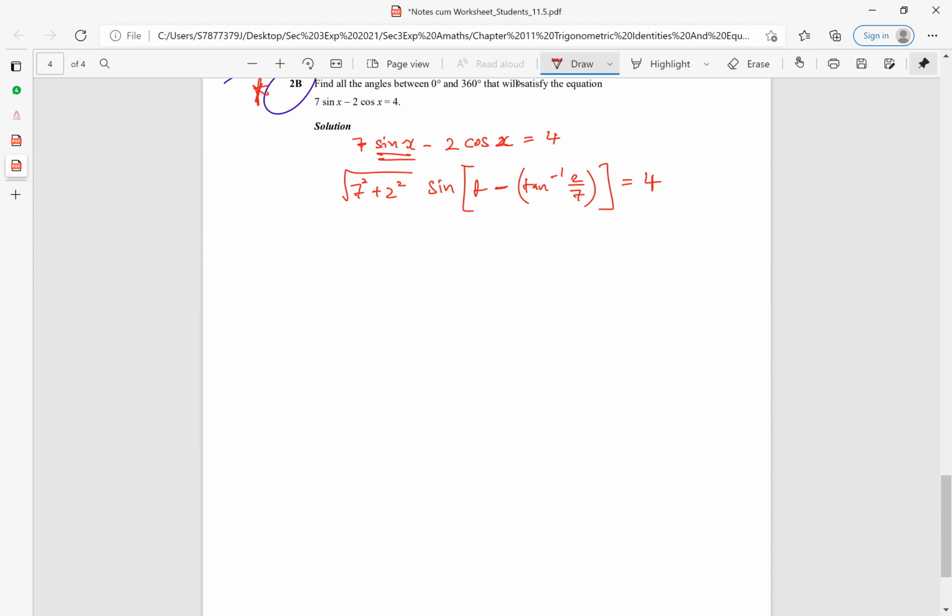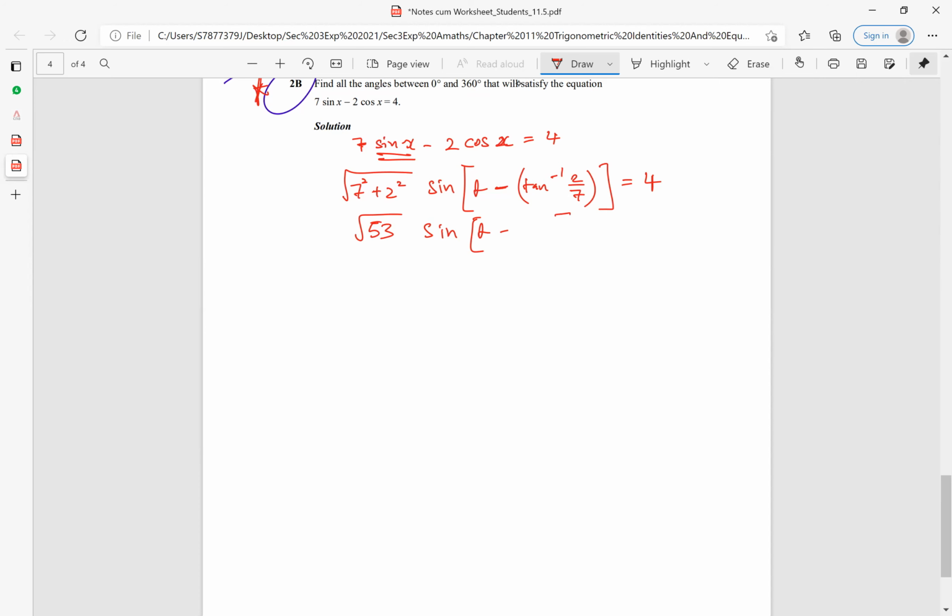Okay, so what would you get for this? 49 plus 4, 53. Okay, can someone help me work out the tangent inverse 2 over 7?